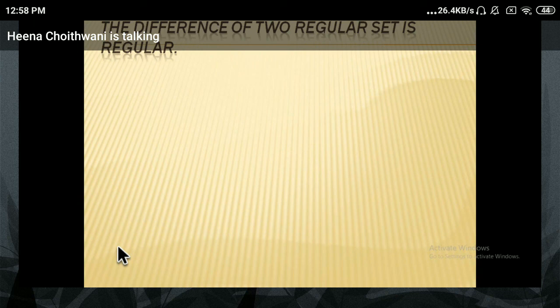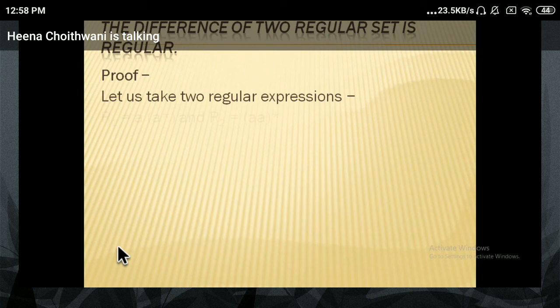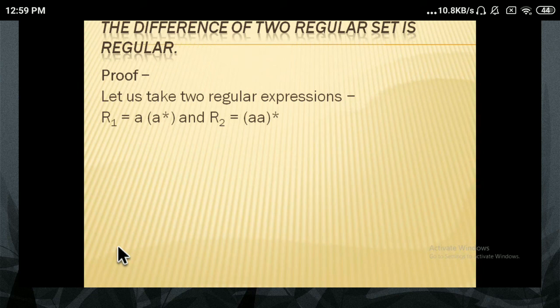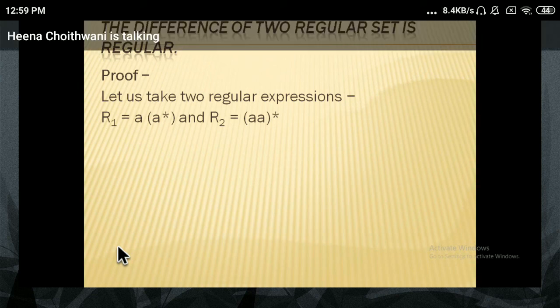The difference of two regular sets is regular. Check it. My two sets are R1 is A star and R2 is double A star. What is my R1? It will have A's of even length or odd length, or all the possible A's.